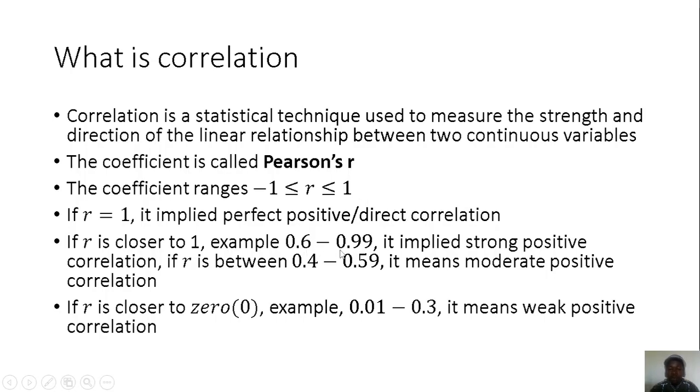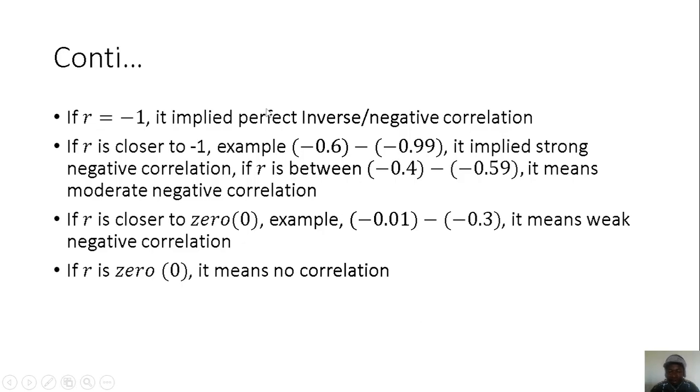And when the value is closer to 1, that is to say 0.6 to 0.99, it implies a strong positive relationship. Once it is positive, you say strong positive relationship. And then when it is closer to 0.5, that is to say 0.4 to 0.59, it means it's a moderate positive relationship. And when it is closer to 0 and it is positive, it means it is a weak positive relationship. And then it applies to the negative side.